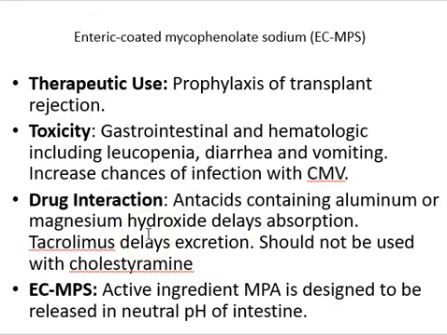We can use these in some of the GI inflammatory diseases like Crohn's, celiac, or ulcerative colitis and so forth. But you see a lot of ECMPS used for the prophylactic treatment of patients who are going to undergo solid organ transplants: kidney, liver, lungs, etc. You can see some nasty toxicities, including GI and hematologic toxicities, ironically enough diarrhea and vomiting, as well as co-infection with CMV, tons of drug interactions, and absorption changes depending on the pH of the intestines.